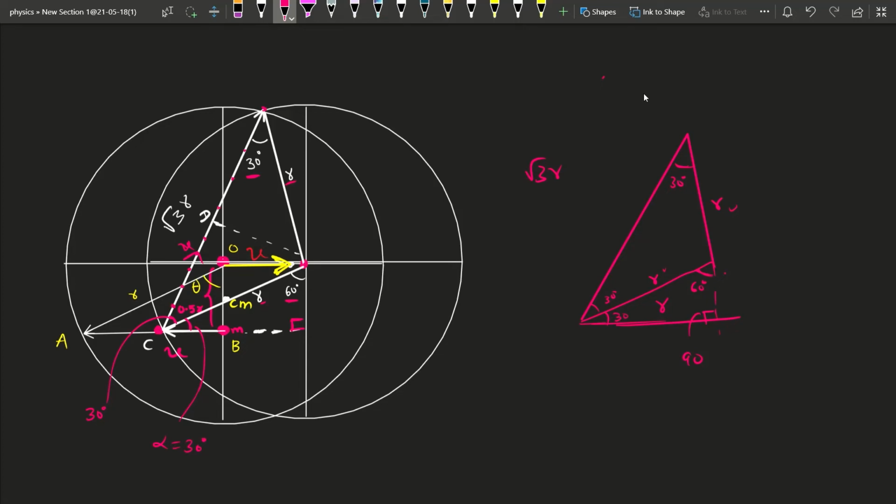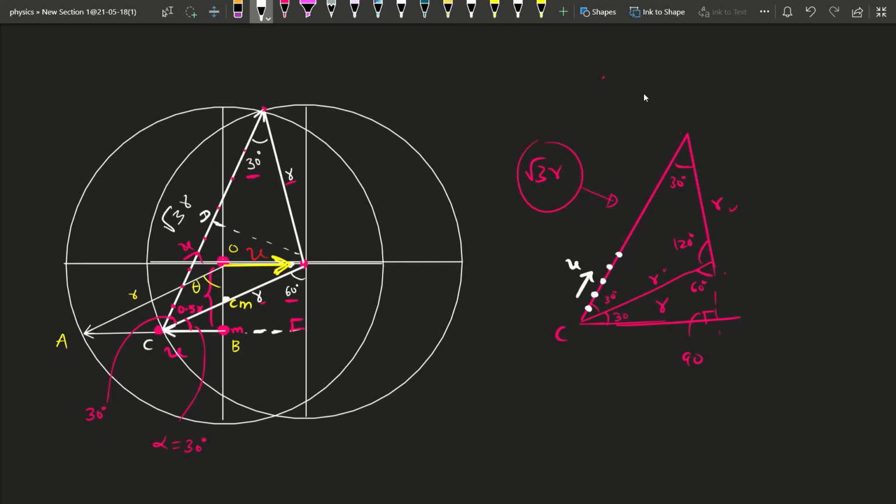So this is 120. So the opposite side of 120 will definitely be root 3r. Okay, so this is the point C. You have to notice one important thing here. The particle is reflected from the point C like this, and it is moving with the speed u. It's moving like this.